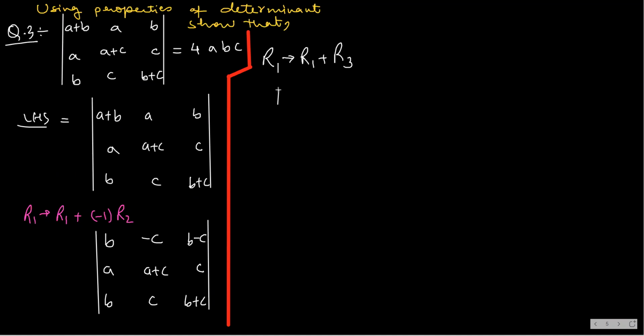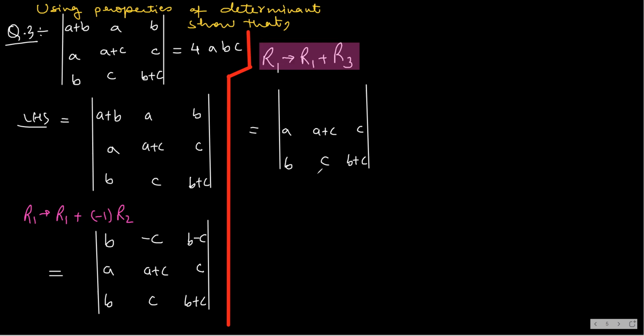Now, when you do that, the value of the determinant will remain same. What changes is only the appearance of the determinant. So see here, is R2 changing? No. a plus c and c. Is R3 changing? No. b, c, b plus c. Is R1 changing? Yes. How is R1 changing? R1 changes to R1 plus R3. Add R3 here.